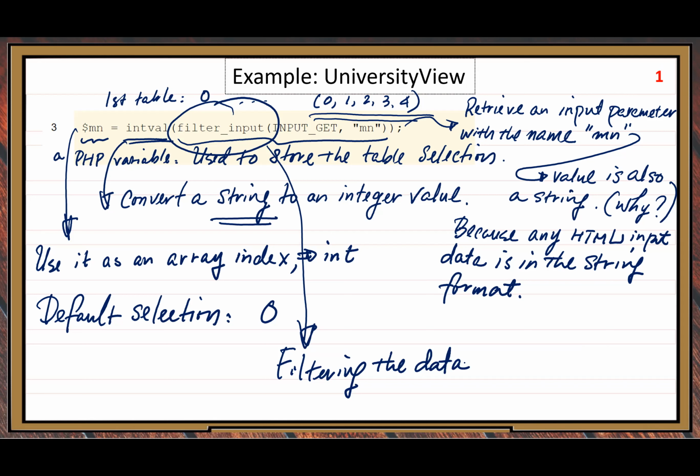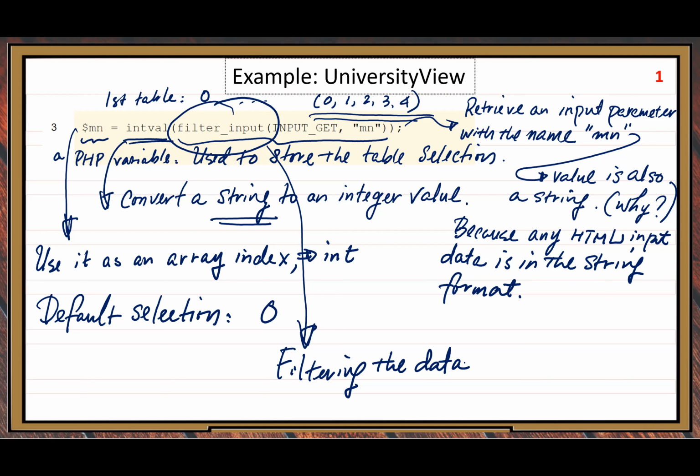We try to do some protection because we know there are some hacking techniques. Hackers can embed code to try to access your database. Usually they embed some JavaScript code to access your database.